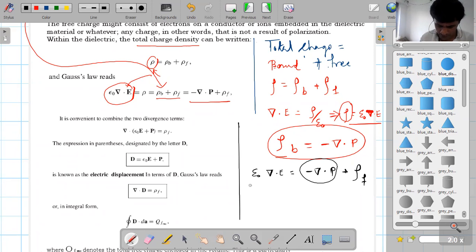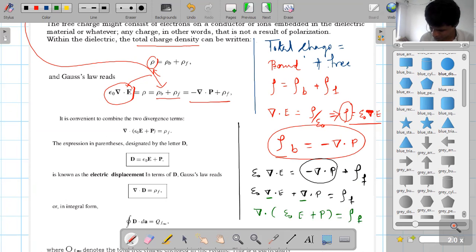Therefore epsilon 0 divergence of E plus divergence of P equal to rho f. Is it correct? Yes, sir. Now I will take the divergence sign outside in a bracket: divergence of (epsilon 0 E plus P) equal to rho f. Is it correct? Yes or no?